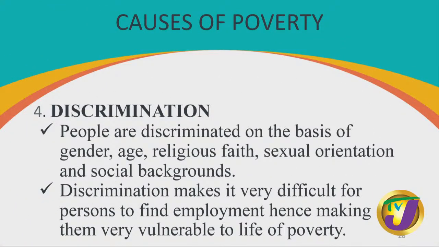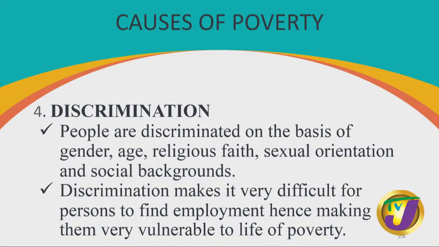A next cause of poverty is discrimination. We spoke about that some weeks ago too, where persons are discriminated against based on gender, age, religious faith, sexual orientation, and social background. And you'll find that discrimination makes it very difficult for persons to find employment, hence making them vulnerable to a life of poverty.